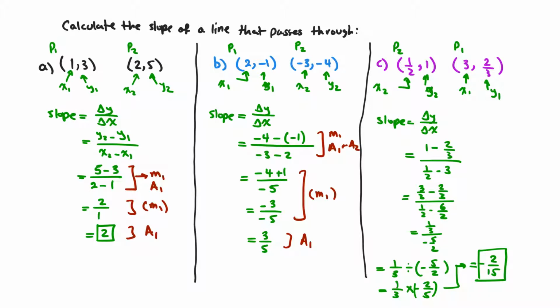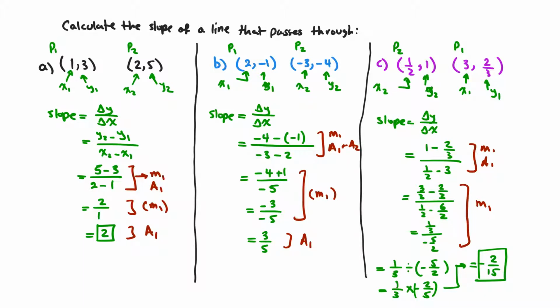In terms of marking, this one will involve method marks and an accuracy mark. A method mark will go to this whole step over here. In terms of method, it involves fractions and is a little more challenging.